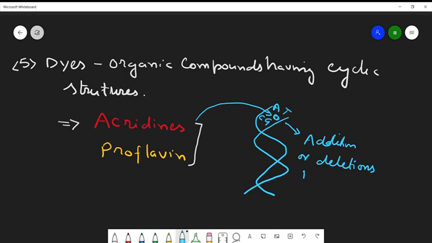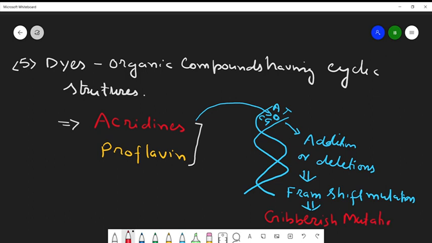And we know whenever nitrogenous bases are added or deleted, that results in changing the entire framework of the gene. That type of mutation is called a frame shift mutation. So these dyes cause frame shift mutations, which are also called gibberish mutations.